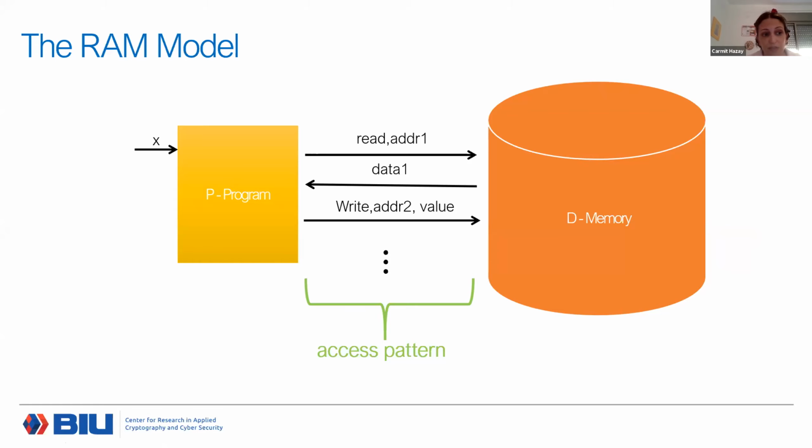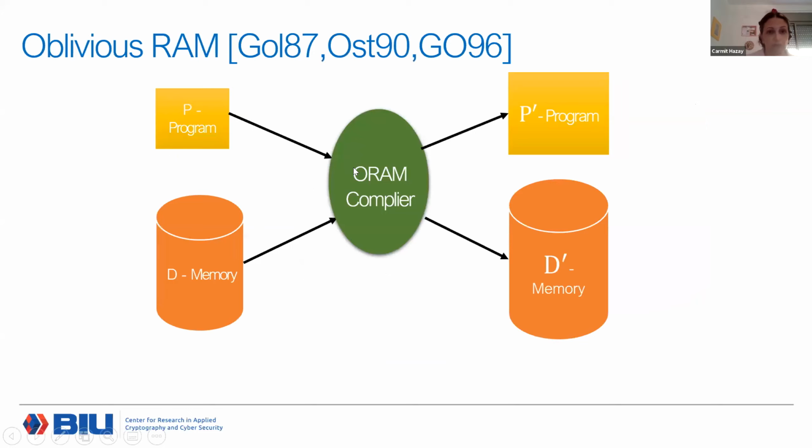And the access pattern into the RAM model includes the memory locations and the data itself. And we know also that these access patterns leak information. So it's not enough to encrypt the elements that we want to store in the memory. We also want to hide the actual access pattern.